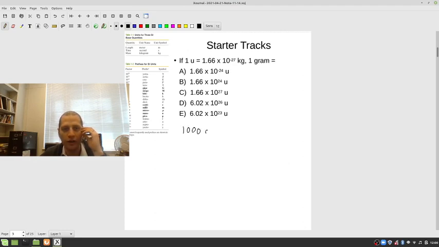There's 1,000 grams in 1 kilogram. There were a lot of people who wanted to put 100 grams in 1 kilogram. Okay, so there's 1,000 grams in 1 kilogram. 1 atomic mass unit is 1.66 times 10 to the minus 27 kilograms. And so 1 gram is going to be a lot of those.